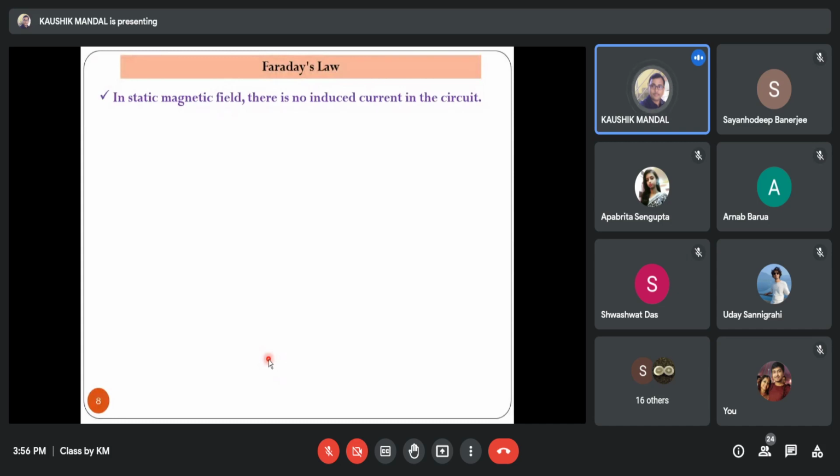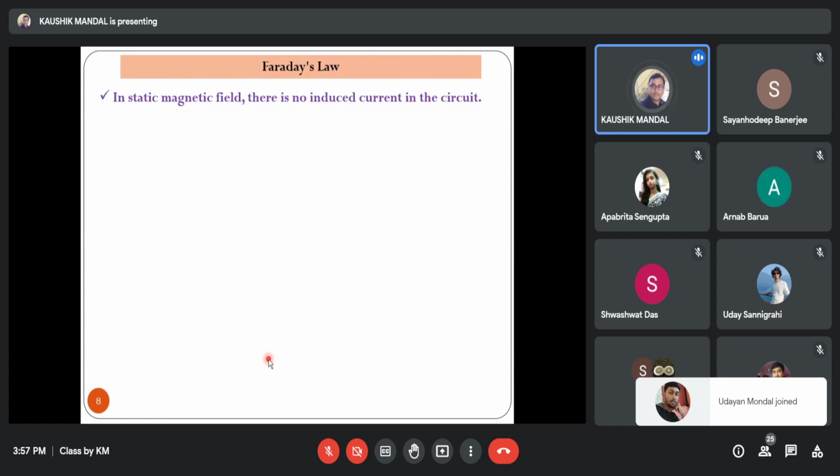So in the case of a static magnetic field, there is no question of induced current in the circuit. Is it clear? Faraday performed different experiments related to static and time varying magnetic fields.